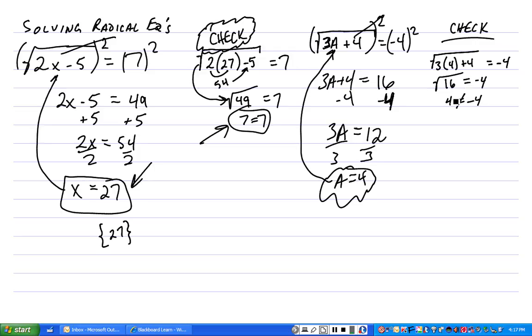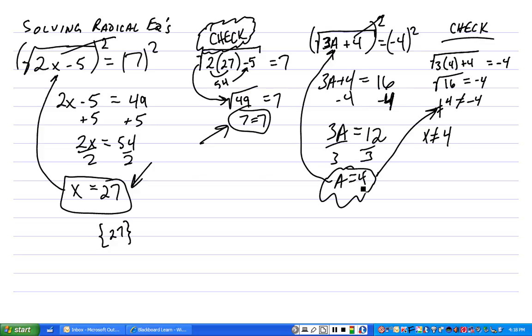So 4 is not a solution. Excuse me, I wrote that wrong. a does not equal 4.